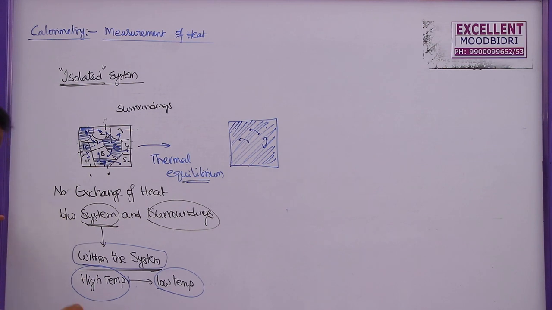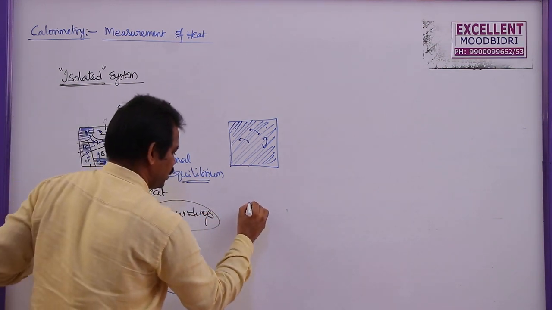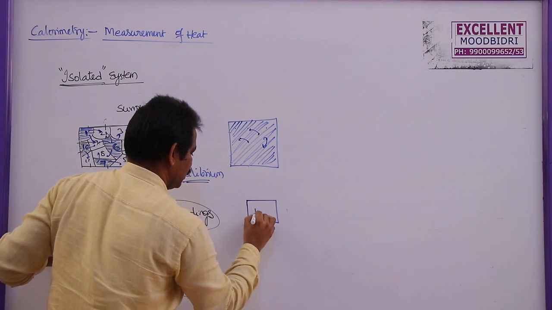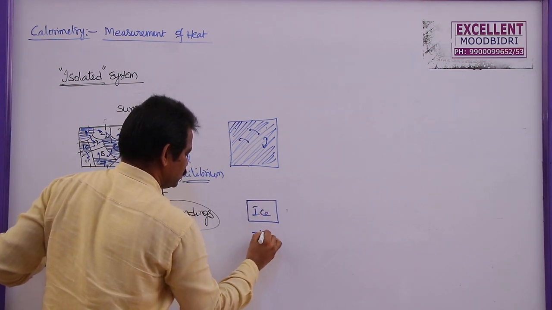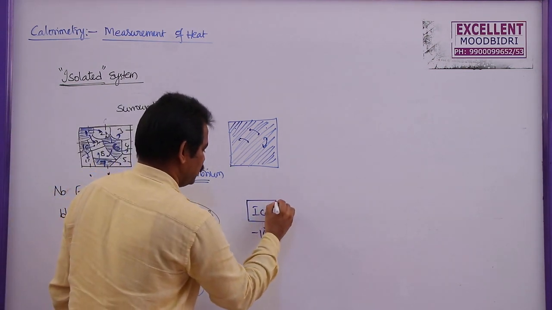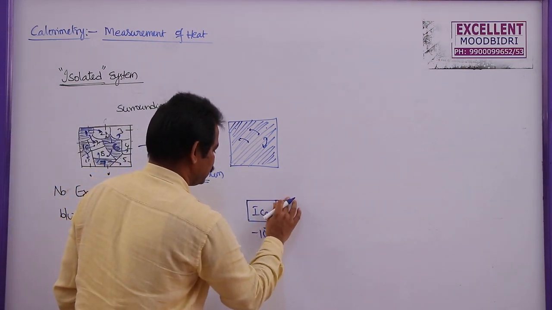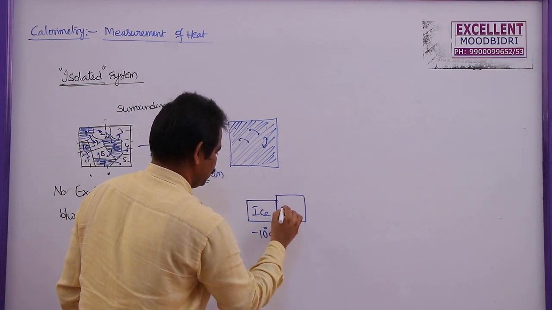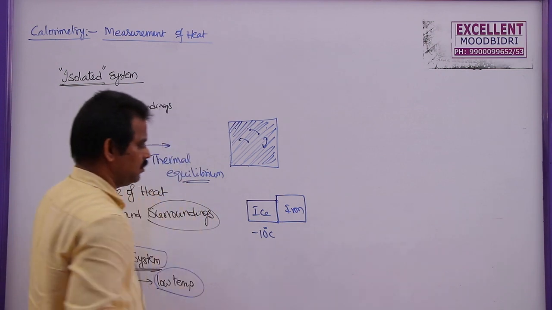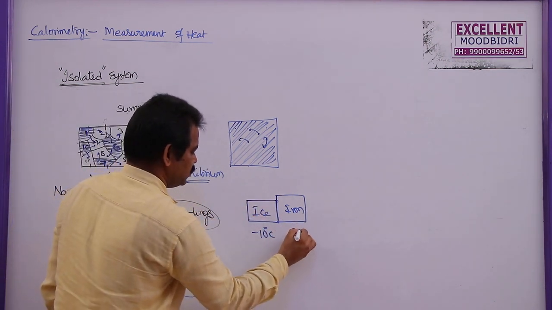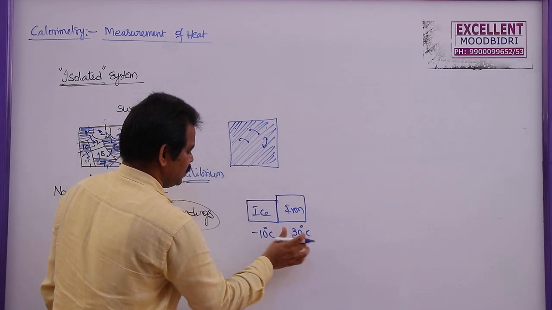Now in this case, for example, if you take one ice cube which is at minus 10 degrees centigrade, and it is kept with one iron cube, which is at 30 degrees Celsius.